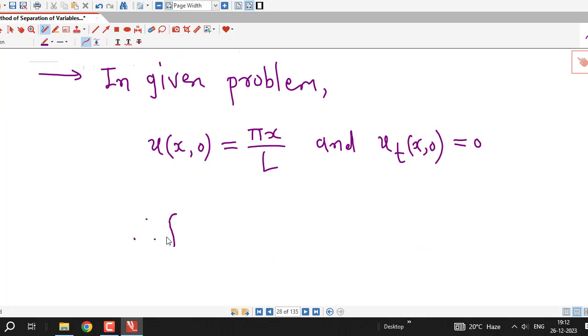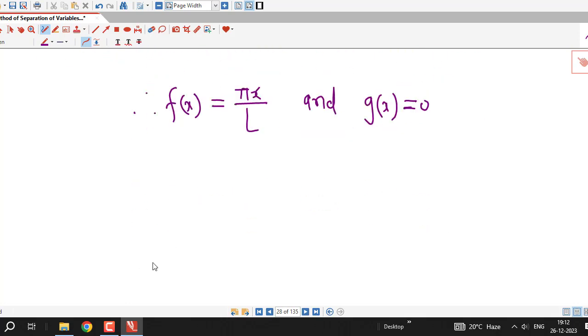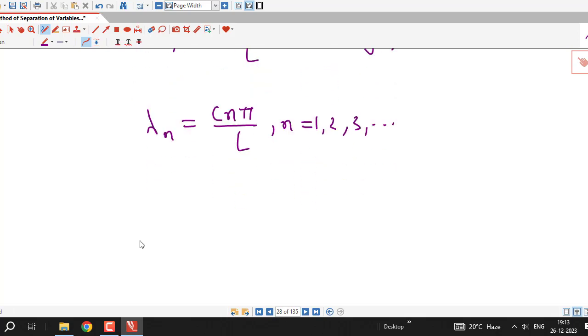Therefore we will consider f(x), which is initial deflection, as pi x by L, and g(x), the initial velocity, as 0. Now lambda n is c n pi divided by L, n equal to 1, 2, 3 and so on. And first we decide what is Bn.